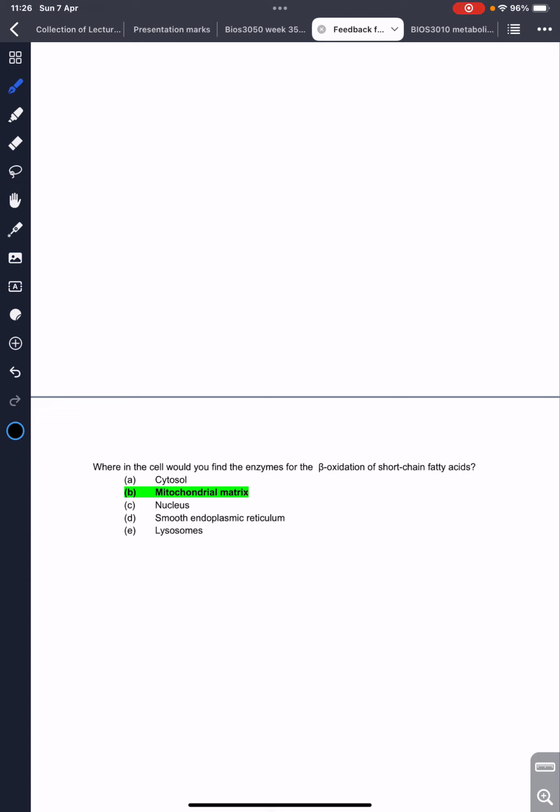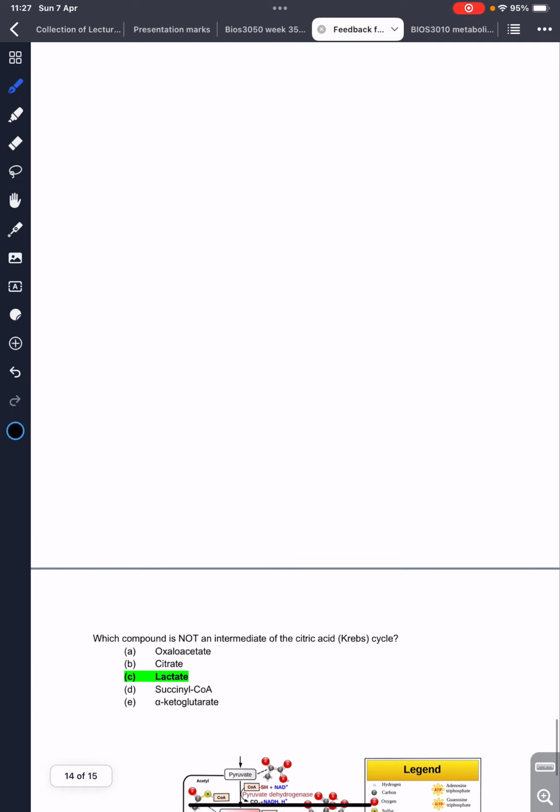That's why I said here short chain fatty acids. But here the enzymes are all found in the mitochondrial matrix. We discussed, for example, that to transport fatty acids into the mitochondrial matrix, we need the carnitine transporter.